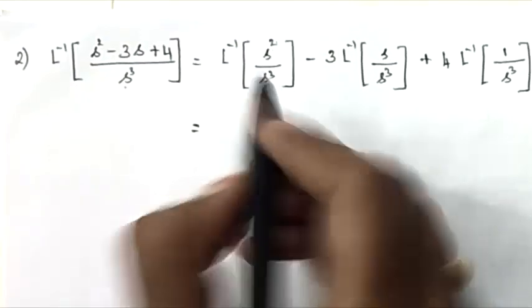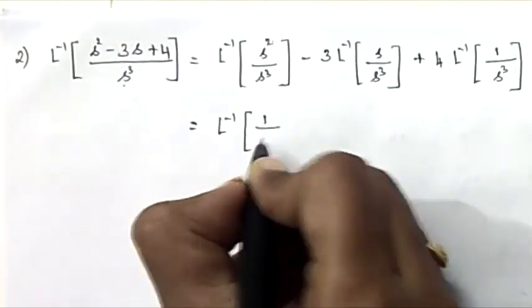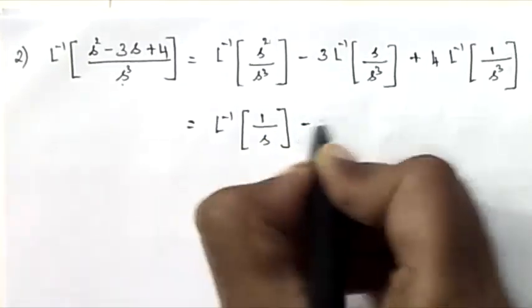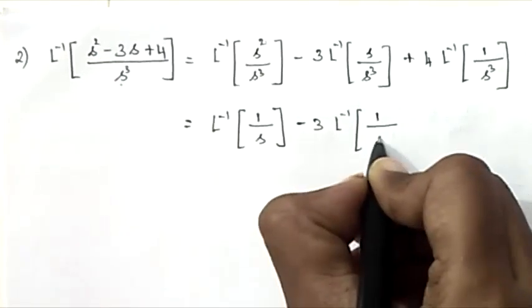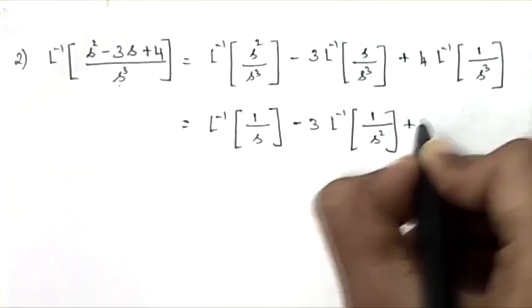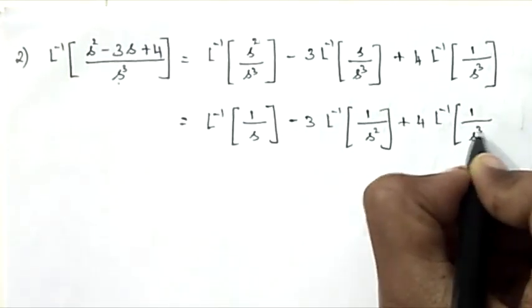Cancelling or dividing this, I can write it as L inverse of 1 by s minus 3 times L inverse of 1 by s square plus 4 times L inverse of 1 by s cube.